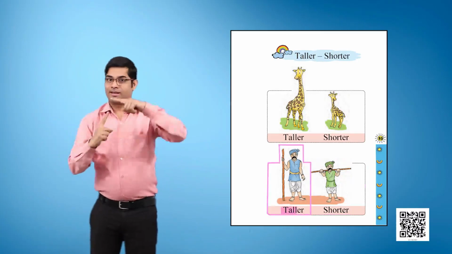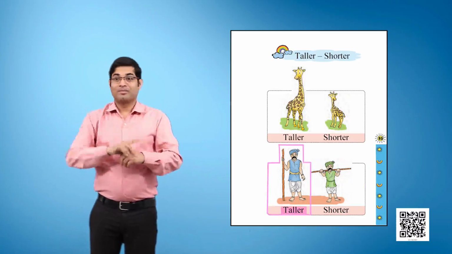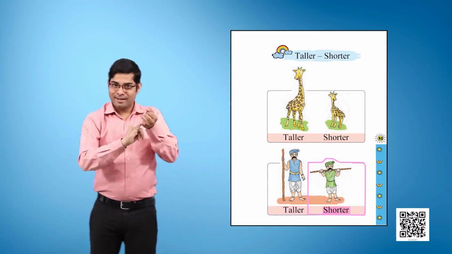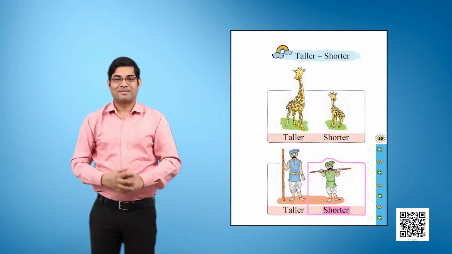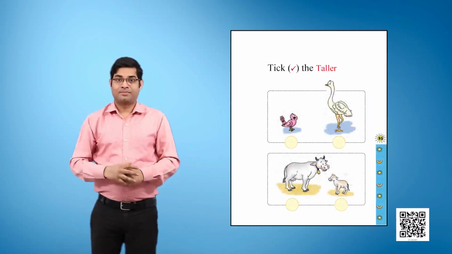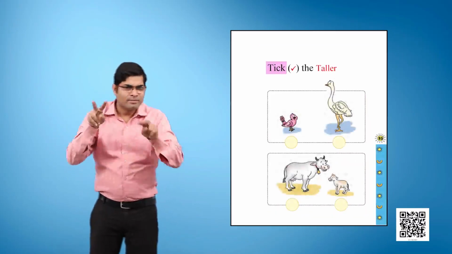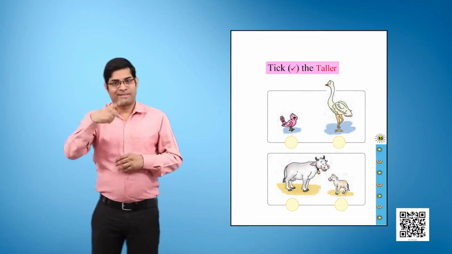The word taller is written beneath man 1, and shorter is written beneath man 2. Question 1. Tick and identify the taller in the given pictures.